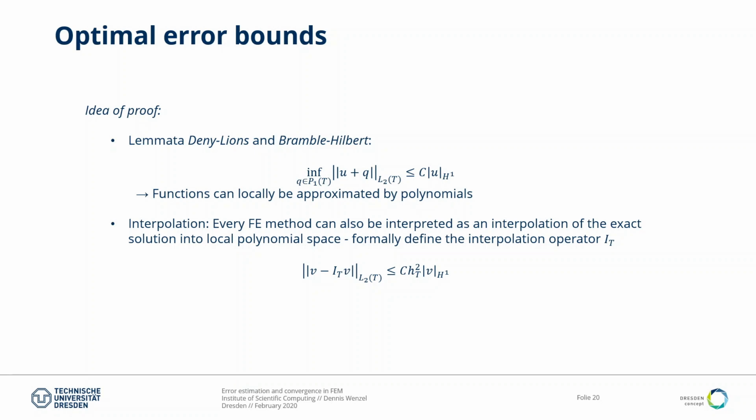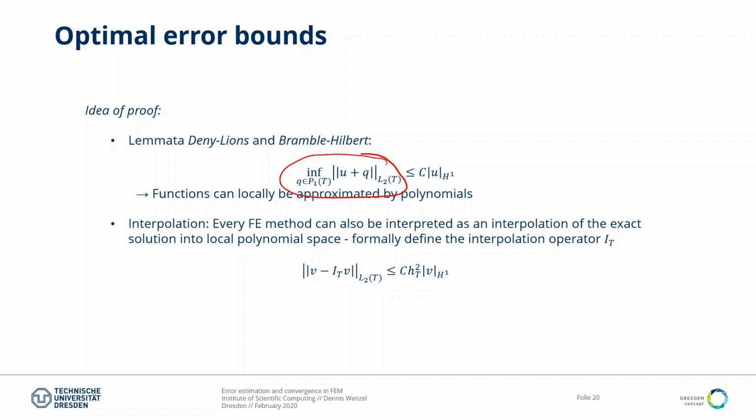Those two lemmata combined give you the result that this minimum error of some local polynomial can be bounded from above by the H1 semi-norm. That's true for all functions.